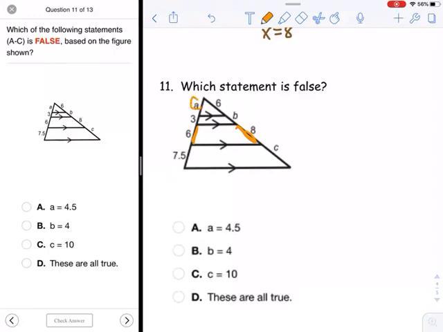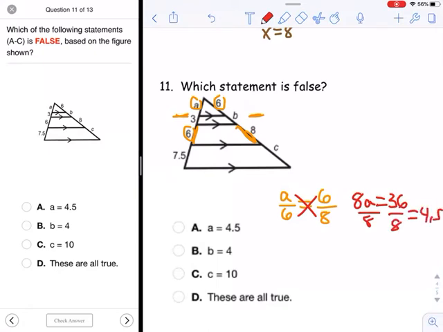So I'm going to say, well, A over 6 on this right-hand side and 6 over 8 on this right-hand side. So A over 6 equals 6 over 8. Cross multiply, 8a equals 36, divide both sides by 8, and we get 4.5. So A is 4.5.